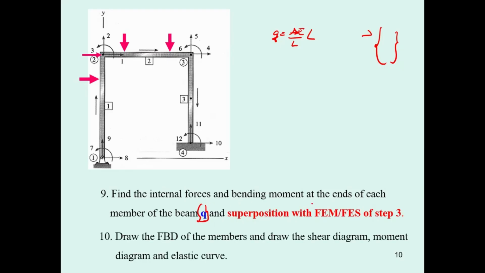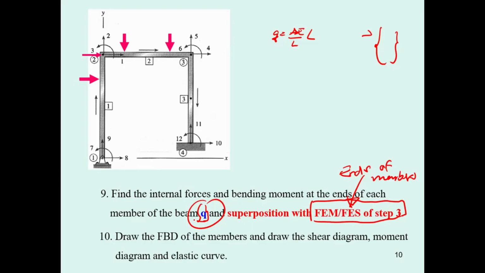If you recall, you still have fixed end moment and fixed end shear from step number 3. You didn't use it. You just reverse it and apply it from the end of the member to the node. Then you put the fixed end shear and fixed end moment at the end of the member and apply it to the small q matrix.